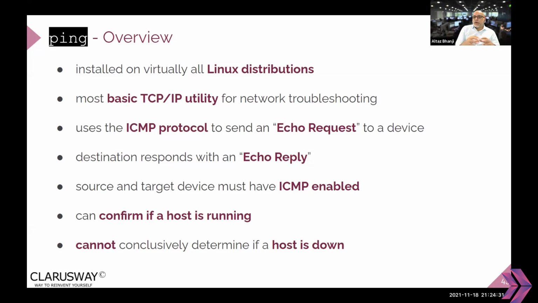There are many servers that turn off ICMP because they don't want random servers pinging them, because that's also a way to determine if a server is up, if it's running, what the IP address is, all of that kind of thing. So if that remote server has turned off ICMP, then your ping request will never get a response.